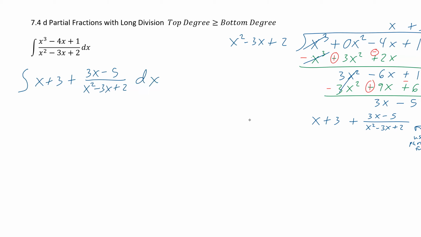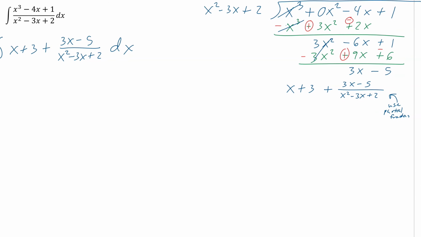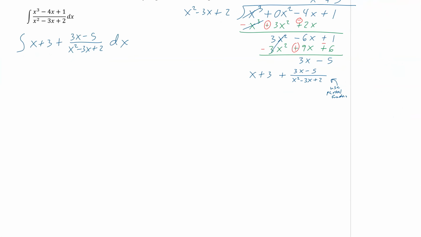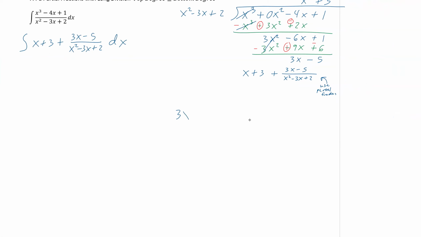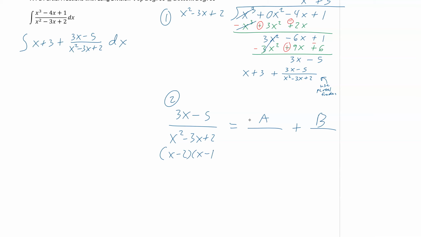So first thing to do is take our little 3x minus 5. This is step 1. This is our step 2 over x squared minus 3x plus 2. And we're going to make our partial fraction. So what is that factored form is what we need to know. So this would be x minus 2, x minus 1.